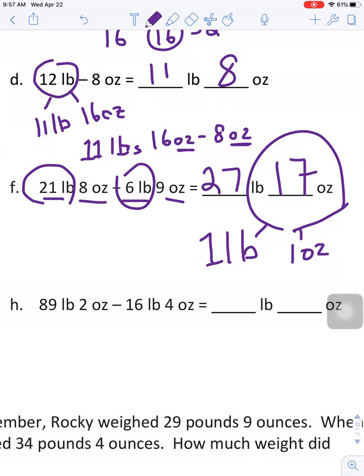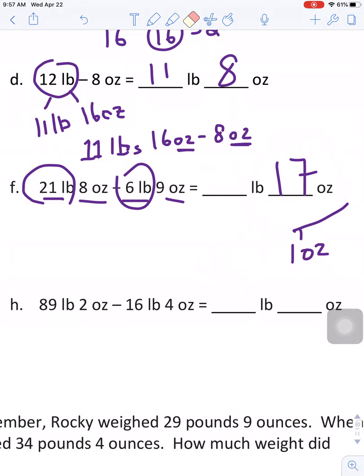Now I need to go back and add this 1 pound right here into this one. So instead of it being 27, it's actually now going to be 28. And instead of this being 17, it's just going to be 1. Bada bing, bada boom.